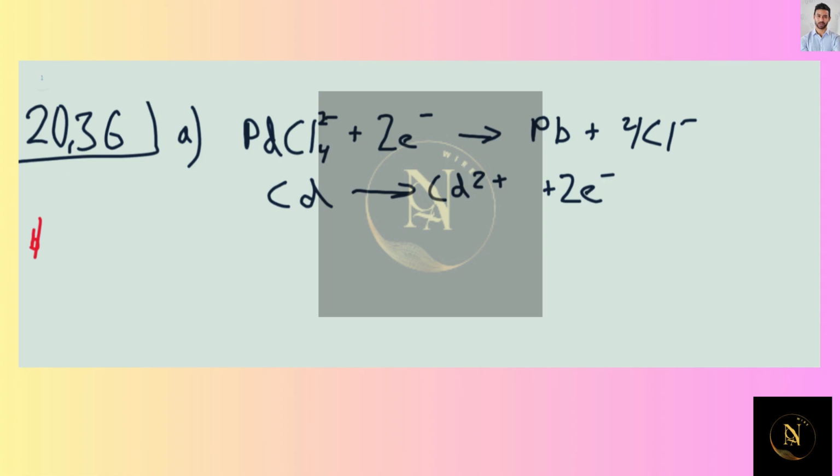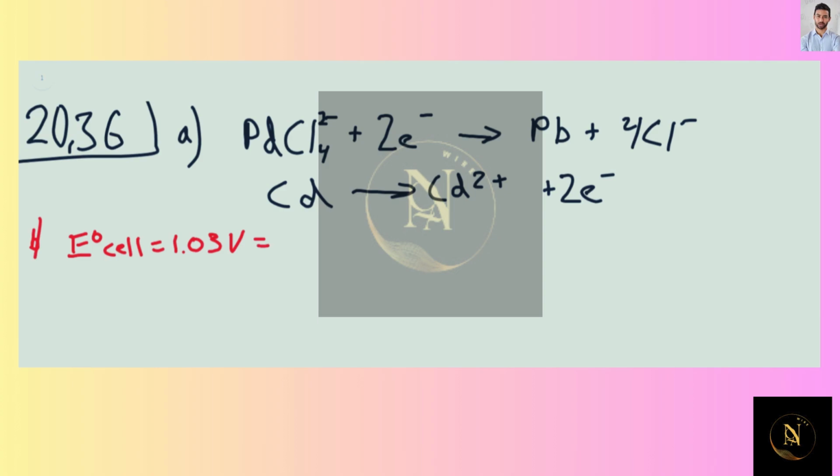In part B of this problem, we're asked to use the data from Appendix E and determine E reduction for the reaction involving palladium. We're told in the problem that the potential of the cell is equal to 1.03 volts.